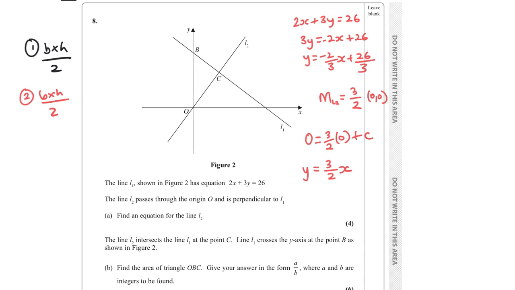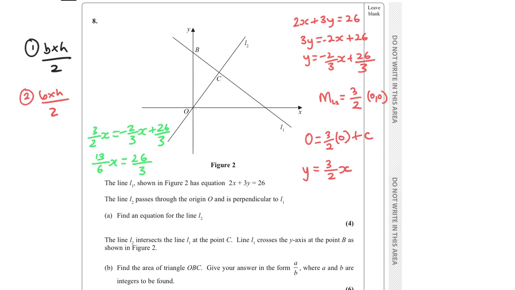So let's find out where they intersect to find C. So I know I need to put them equal to each other. So 3 over 2x equals minus 2 over 3x plus 26 over 3. So if I add 2 over 3 to both sides, 3 over 2 plus 2 over 3x is going to give me 13 over 6x equals 26 over 3.